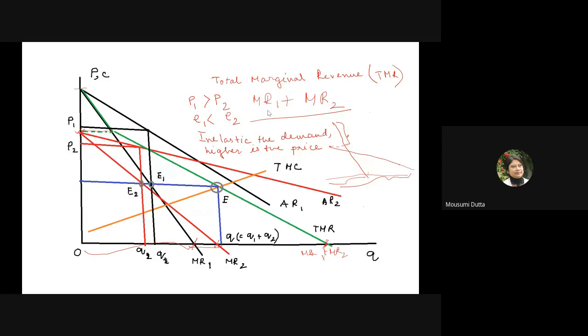Separately, along the red demand curve, since it is a linear demand curve, elasticity is varying between 0 to infinity. However, if you look at the diagram, the price has been charged only in the elastic part of the demand curve. So the issue you are raising is related to individual demand curves.